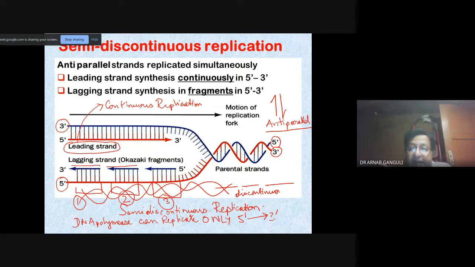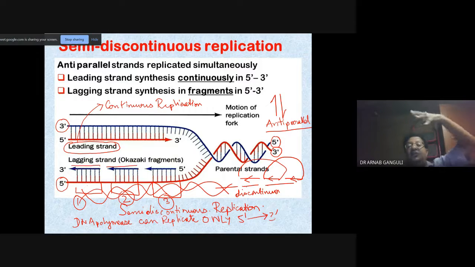Again it goes ahead. Again it goes back, and then again it comes over here. So first this is made, then again the polymerase goes and makes this, then again the polymerase goes back, and then it makes this. So as it unwinds, the direction is in this direction, right? So this is known as discontinuous replication, and these little fragments are known as Okazaki fragments.